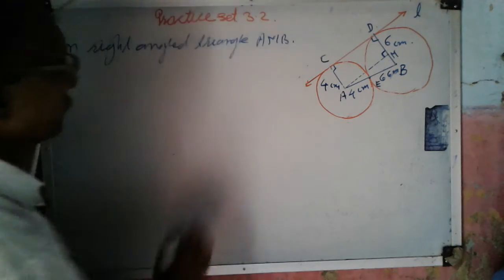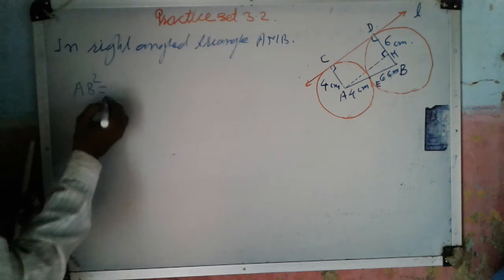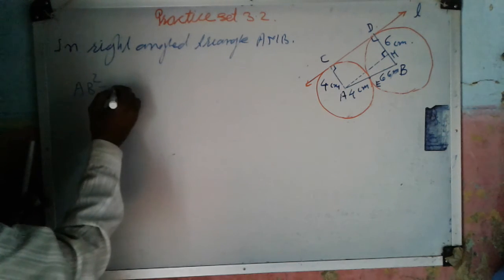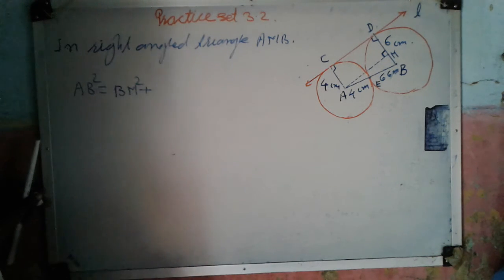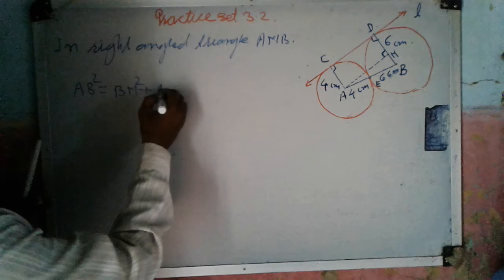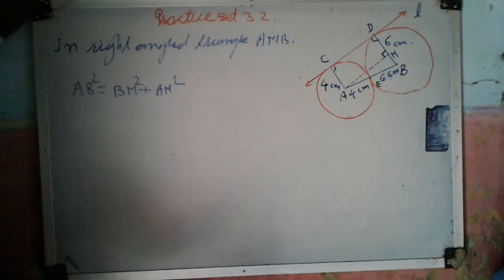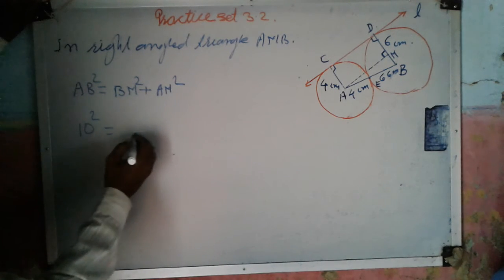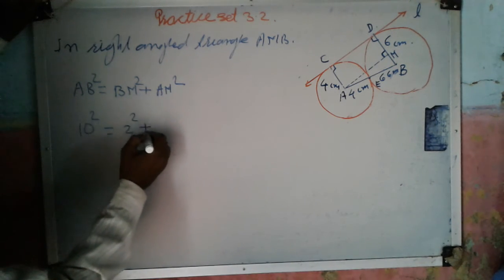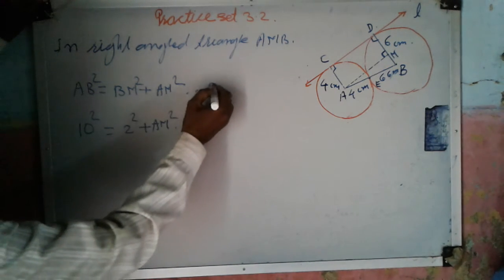In triangle AMB, AB square is equal to BM square plus AM square. So AB is 10 square, BM is equal to 2 square plus AM square. Here, Pythagoras theorem.